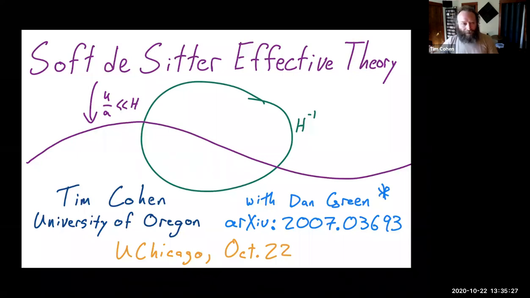And we realized that there was a very obvious expansion that one should be able to do, namely this expansion here that I'll describe in a lot of detail throughout the talk, and that there ought to be a nice modern effective field theory description in this long wavelength limit. It took us a little over a year to figure it out, but I think we've now formalized a very useful way to think about the long wavelength modes in de Sitter.